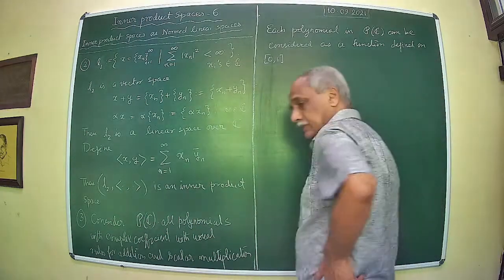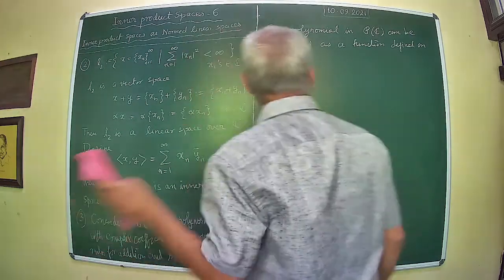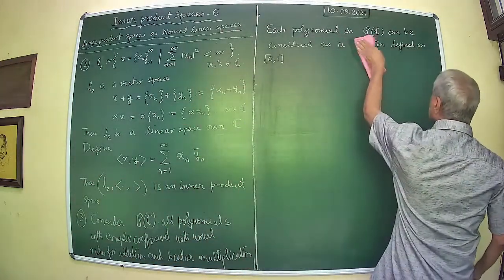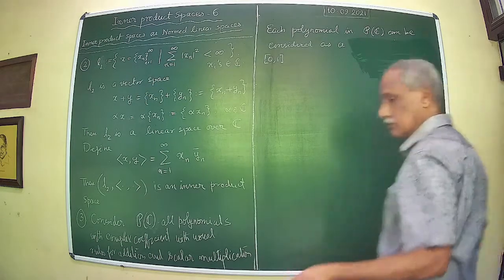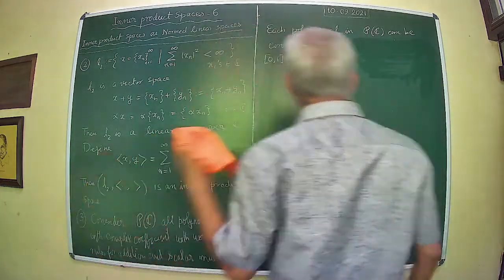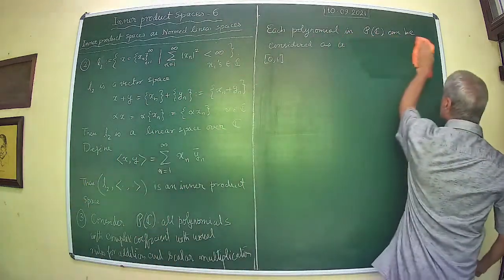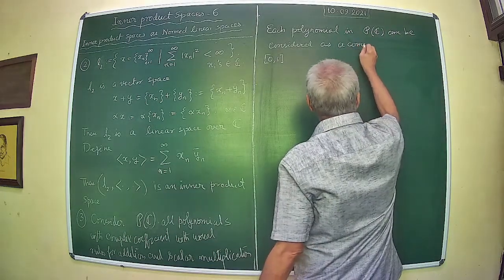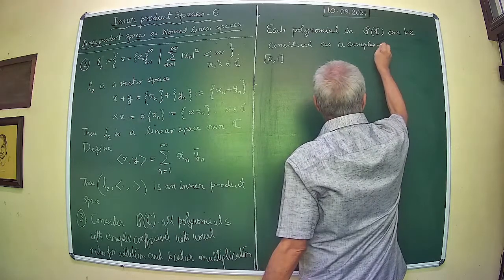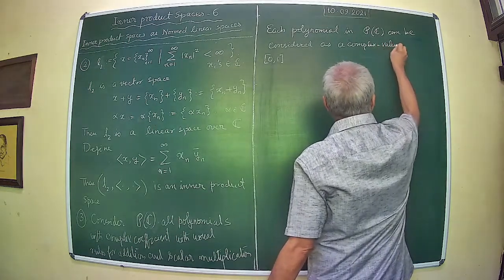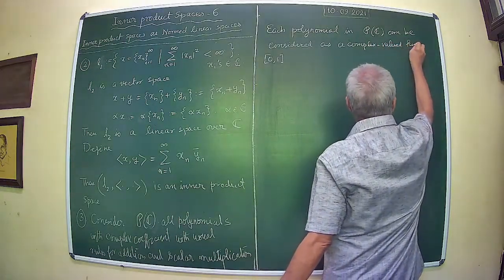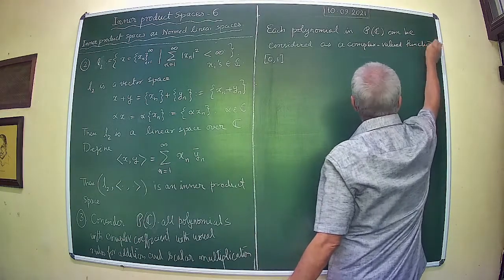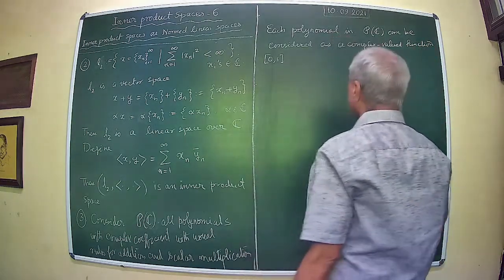I'll write it as complex valued function on 0, 1.